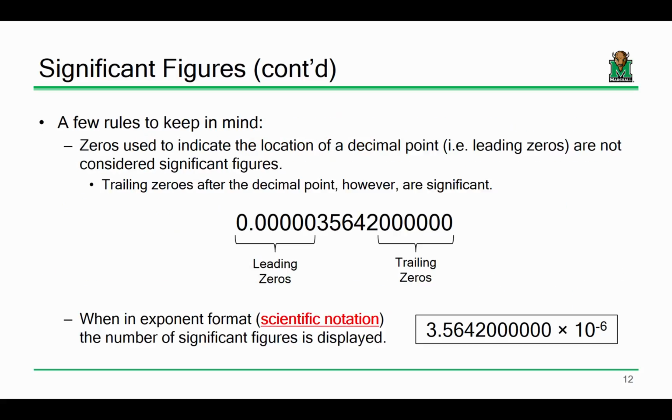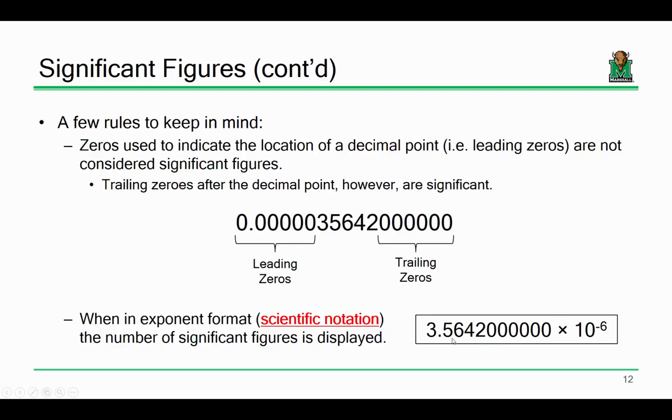Now, zeros, if they're written on the paper, these trailing zeros are going to imply a precision that you may not actually want to be claiming. So these trailing zeros are considered significant. The leading zeros are not considered significant figures.